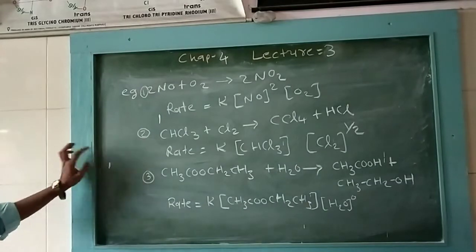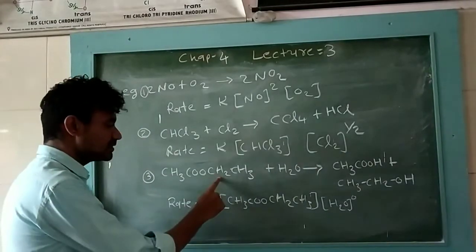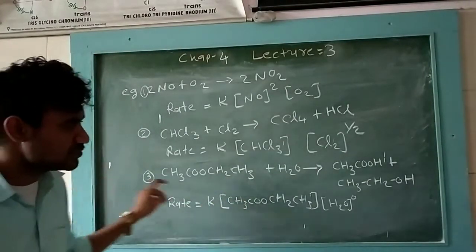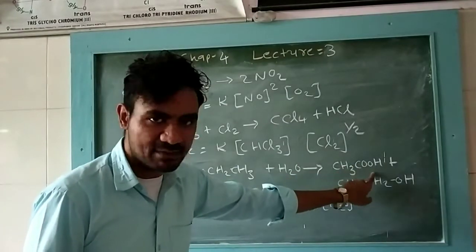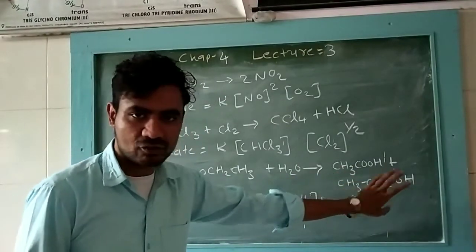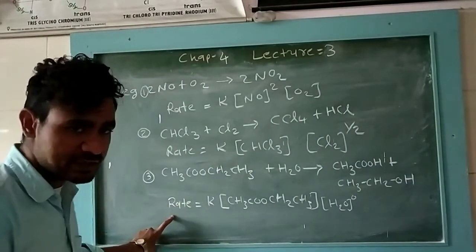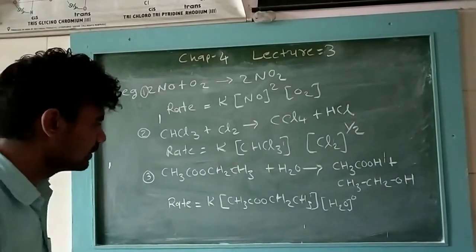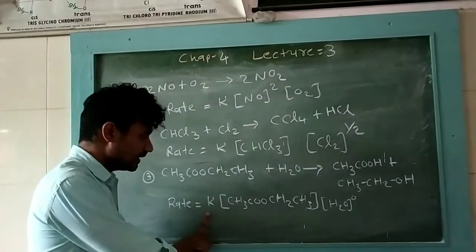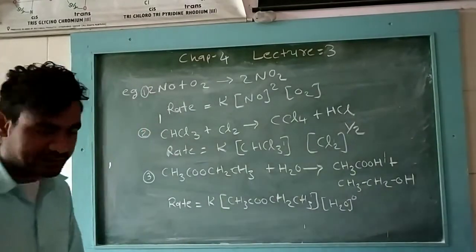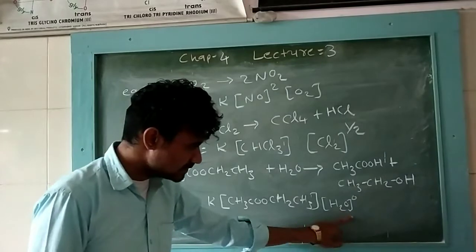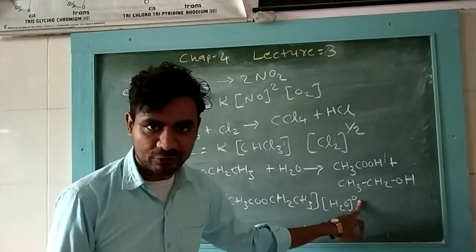Now the third reaction: CH3COOCH2CH3 plus H2O gives CH3COOH plus CH3CH2OH. It is an esterification reaction. Now here you can see rate of reaction is equal to constant into concentration of the first reactant into concentration of the second reactant raised to power 0.